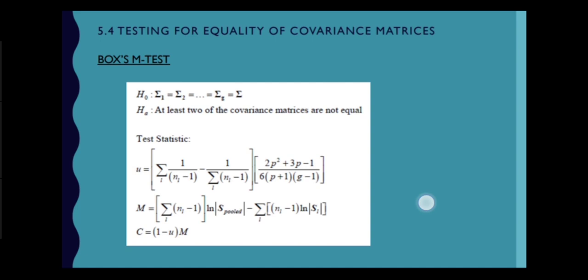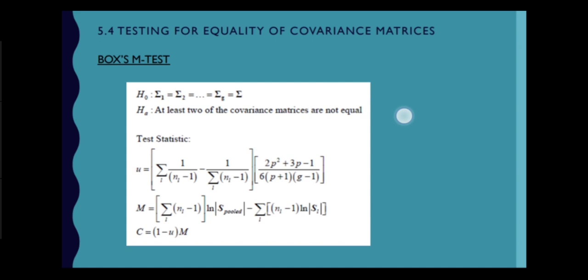G population covariance matrices. Okay, so I go straight to the procedure of how to use the Box's M test. Okay, H naught will be big sigma 1 equal to big sigma 2 equal to big sigma G equal to big sigma, which is saying that the covariance matrices are equal for all the populations. Or in words, we can write it as the covariance matrices are equal.